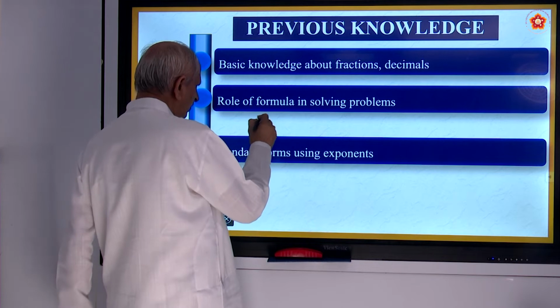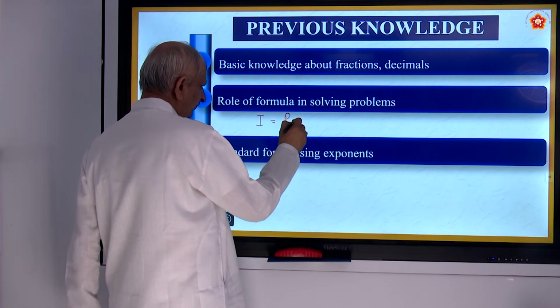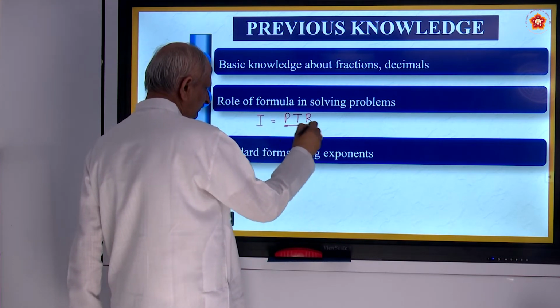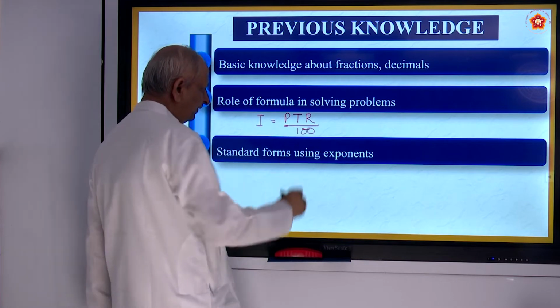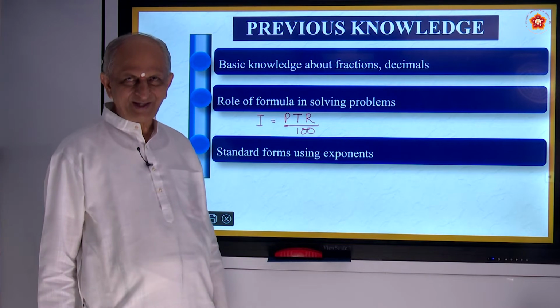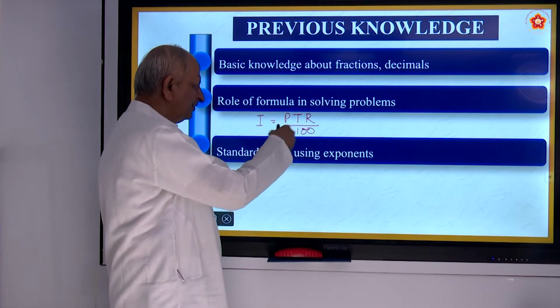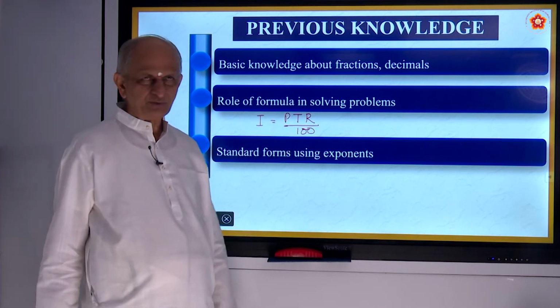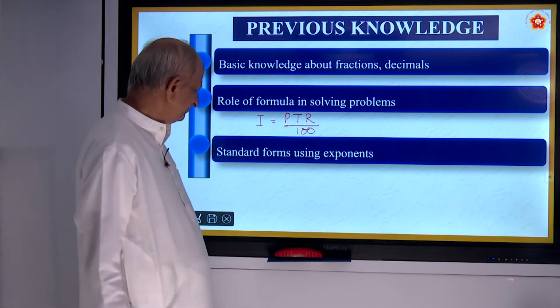What is the formula about? This formula is for rate of interest. What is P? Principal. What is T? Time. What is R? Rate of interest. So, this formula makes the problem easy to solve.